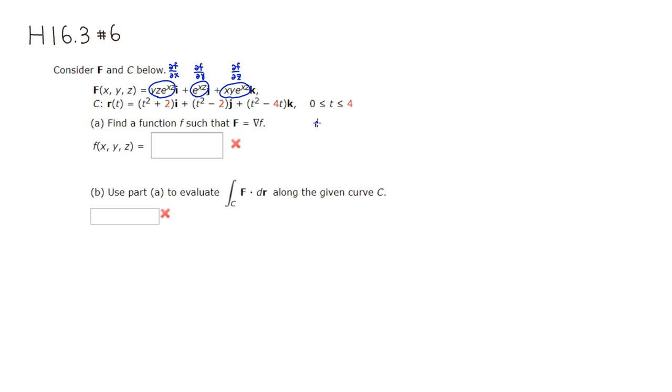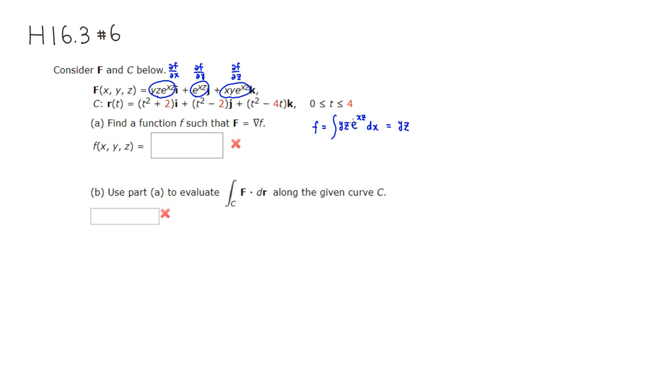So f is going to be the antiderivative of the first component, which is yz e to the xz, with respect to x. Here yz is just a number, so I'm going to put it out here.